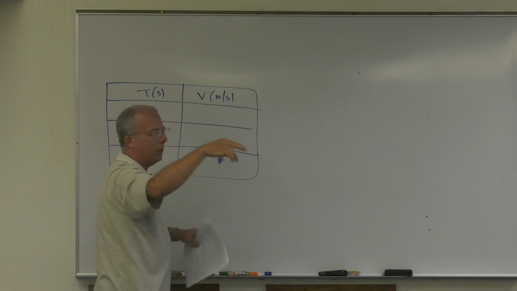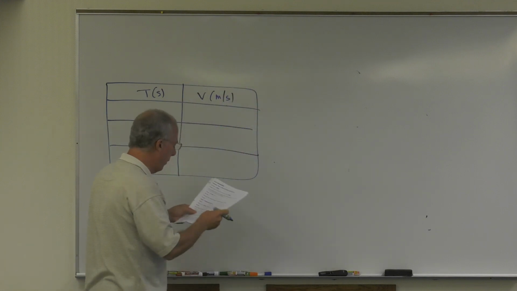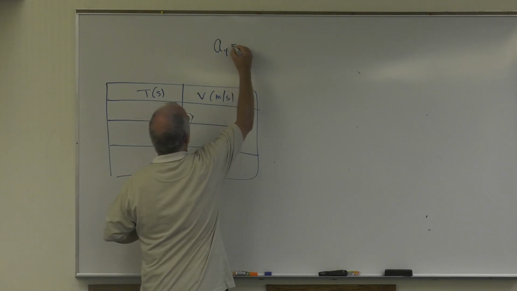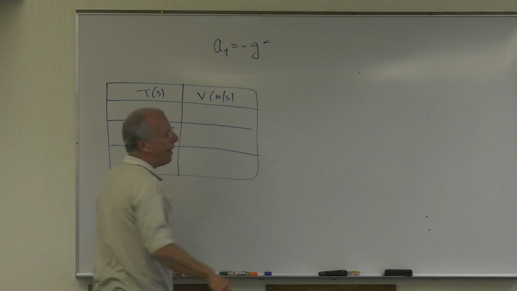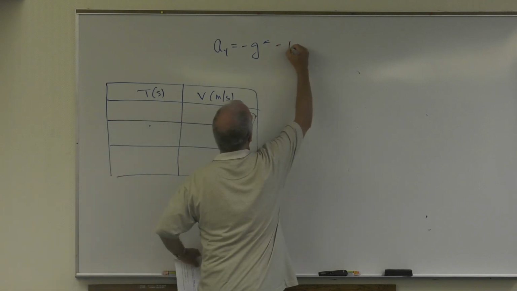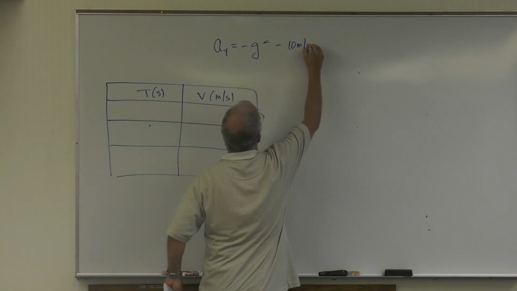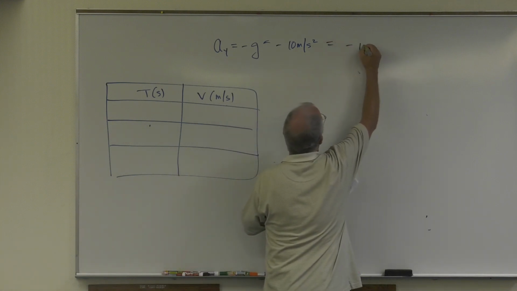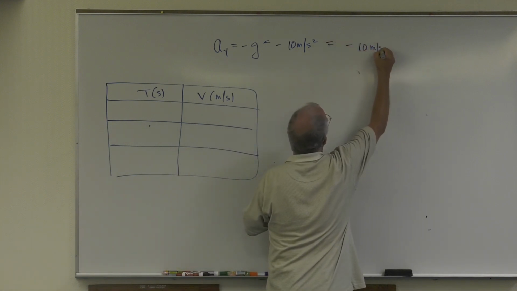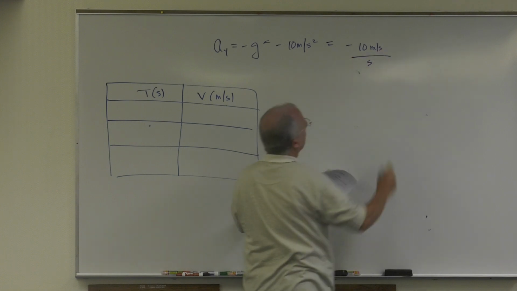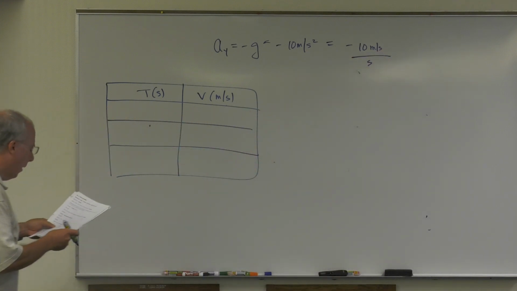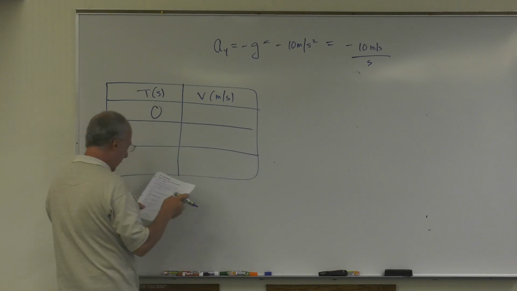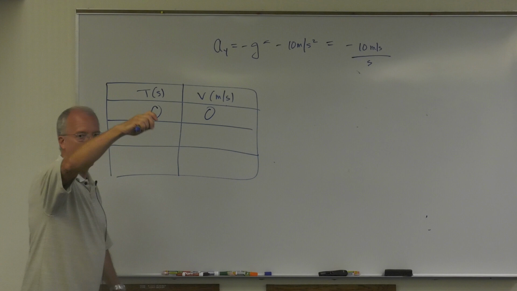This is a free fall example. So a sub y equals minus g, and just to make it easy, we're going to say it's minus 10 meters per second squared. And again, what does that mean? It means minus 10 meters per second every second. That's what it means.